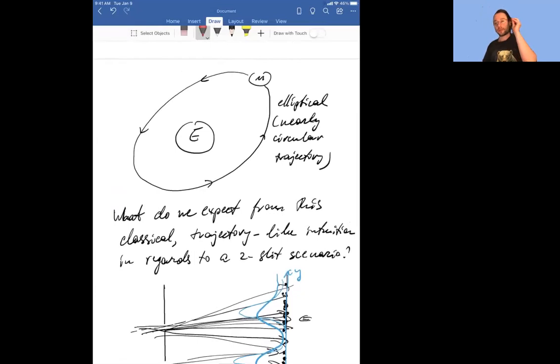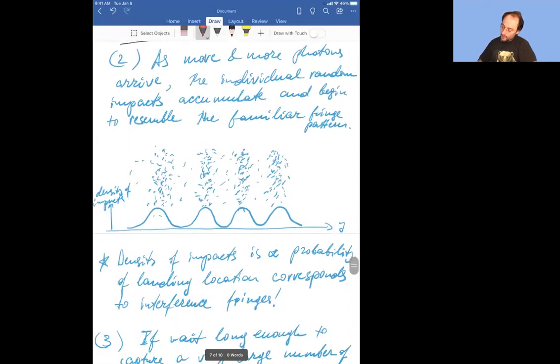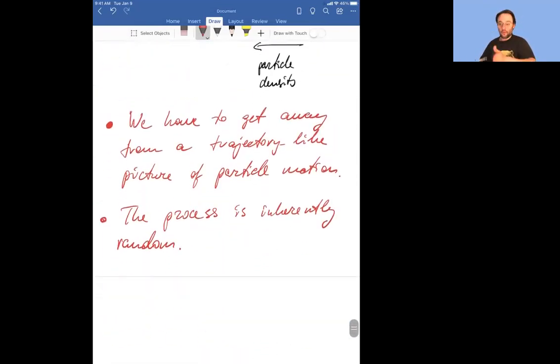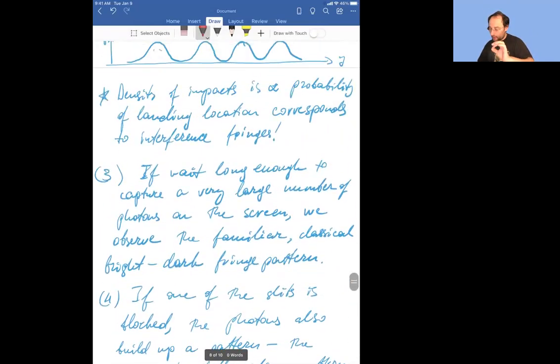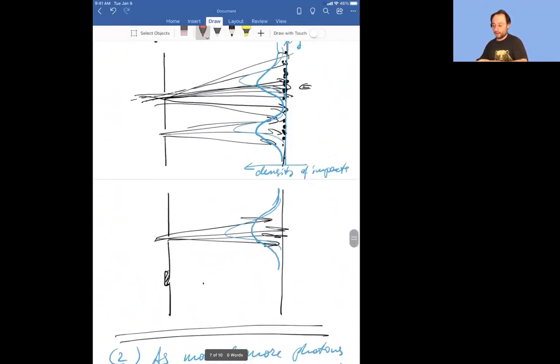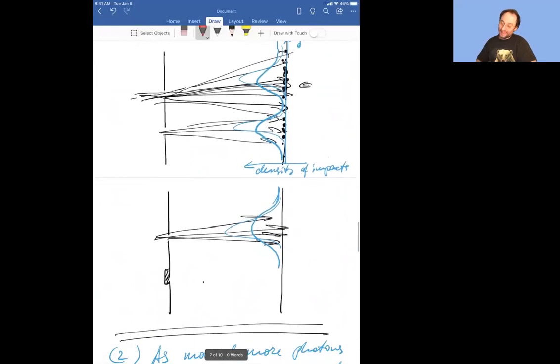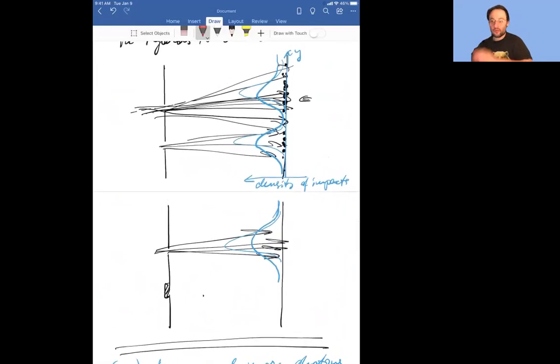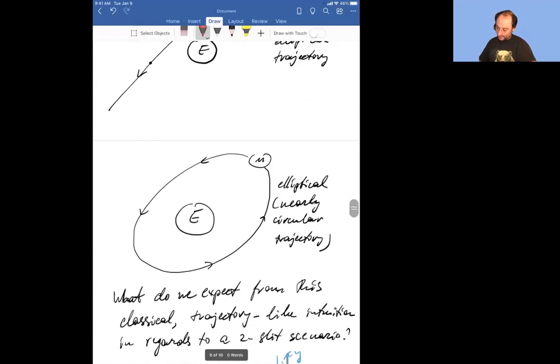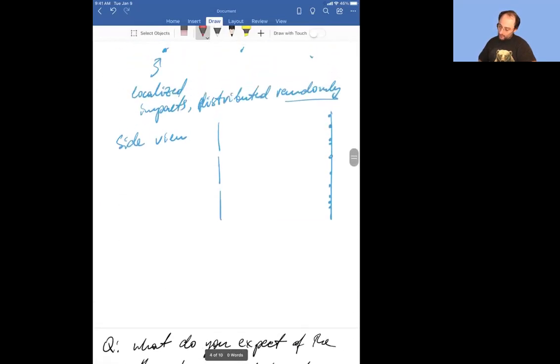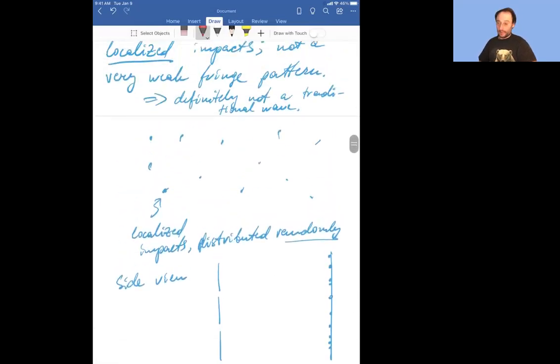If you know initial conditions perfectly, you can predict things. Here, even if we shoot every photon with identical conditions, and we do it carefully to eliminate bad experimentation, particles hitting boundaries and so on, the impacts are still random. We cannot predict where the next photon is going to land. We can only predict its probabilities.